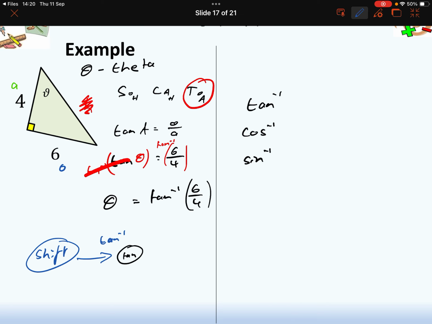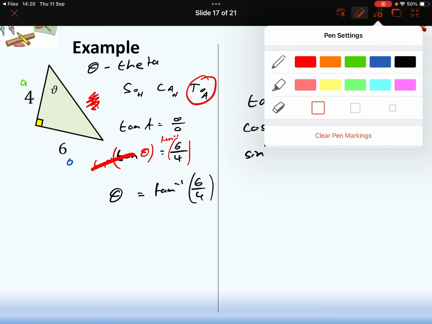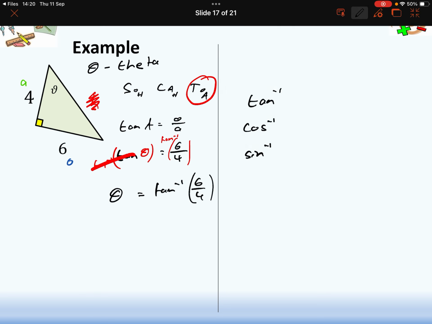Don't hold shift, just press it once and then press tan. So if we do that, we press inverse tan and then type in the fraction 6 over 4, or if you want to change it to a decimal, you can, and it gives us the answer theta equals 56.30999. It goes on for a bit. Again, we want 1 decimal place in this particular question, so I'm going to round it to 56.3 degrees.